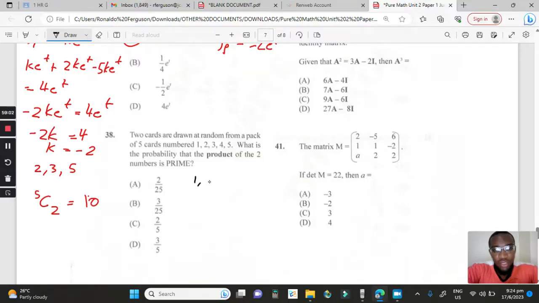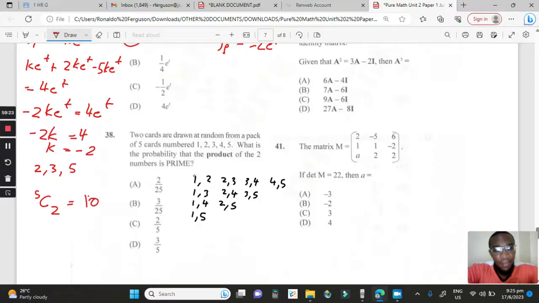So look at if you choose 1 and 2, 1 and 3, 1 and 4, 1 and 5. What if you choose 2 and 3, 2 and 4, 2 and 5? What if you choose 3 and 4, 3 and 5? Or what if you choose 4 and 5? Looking at which of those 10 is prime.